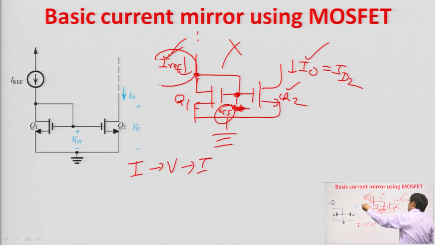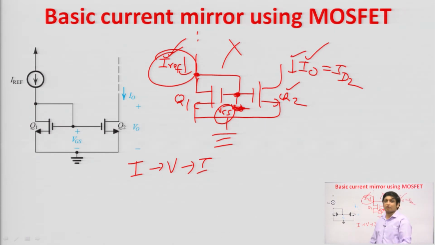If the I reference is changing, that change reflects in VGS, current to voltage, and if VGS is changing, then corresponding to this VGS, I naught is changing, voltage to current. So, we can say that this current mirror is the combination of current to voltage and voltage to current. So, for copying action, it is very much important that this Q1 should be diode connected. If it is not diode connected, then the output current will not track the input current.